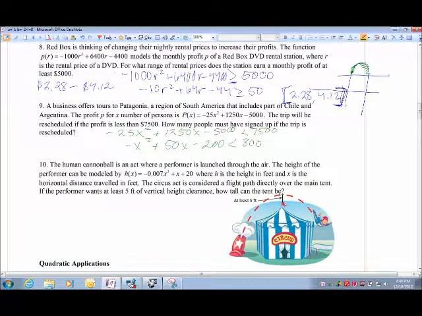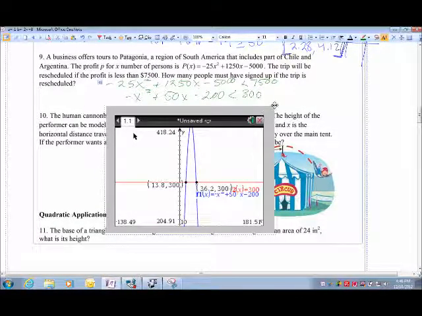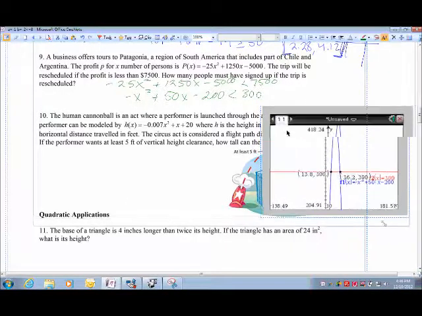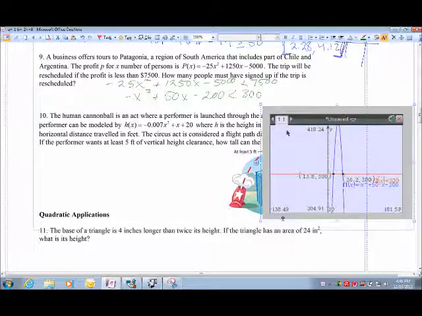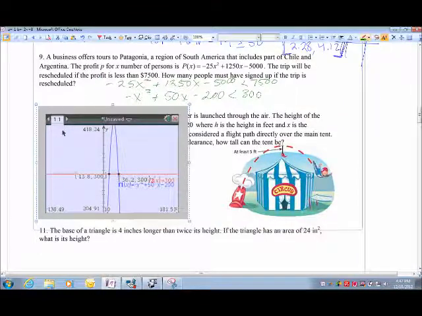Let's see if it cooperates. It doesn't look like it's going to, but we can try. Okay, so I'm going to go ahead and sketch this graph out off to the side.